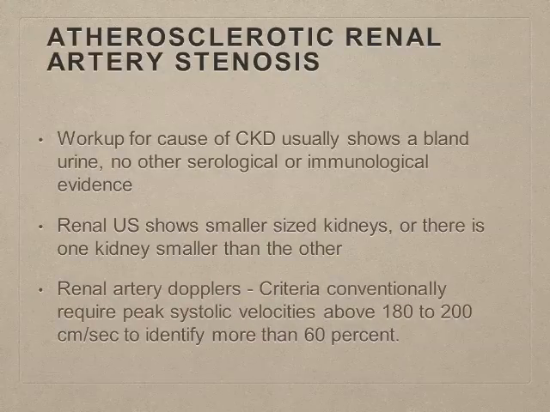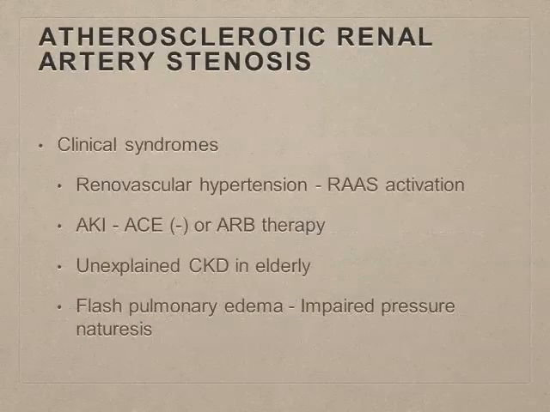Now again though, a 60% stenosis does not necessarily mean that their renal function has declined to the point of possibly needing dialysis, but it does clue you in on the fact that they need aggressive therapy to try to inhibit the progression of this disease. It's just like coronary artery disease. The treatment, which we'll talk about a little bit later, is pretty much the same.